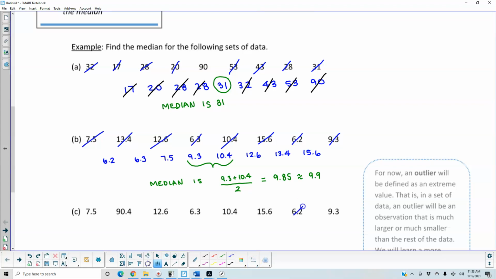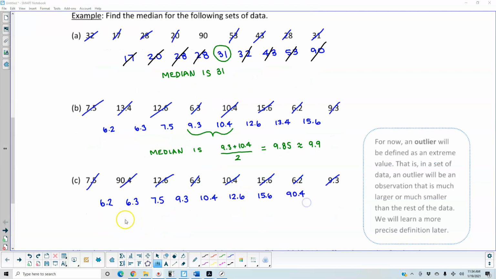The first number is 6.2, and then 6.3, 7.5, 9.3, 10.4, 12.6, 15.6, and then 90.4.